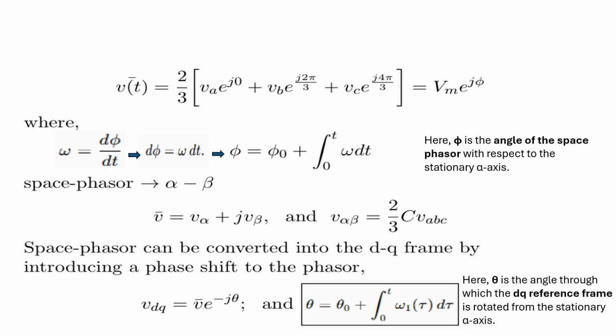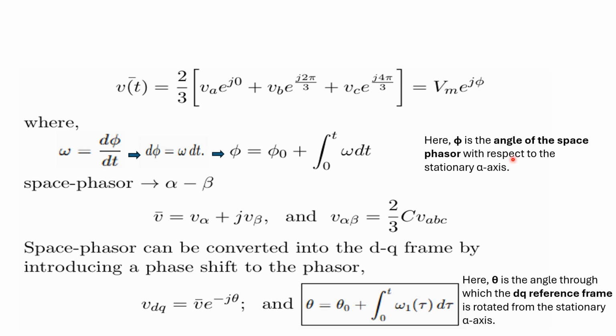Then what is this theta? Theta equals theta naught plus integral from 0 to t of omega 1 of tau d tau. So the same thing we can use here also, whereas this phi is the angle between the space phasor with respect to stationary axis, where this theta is the angle through which the dq frame is rotated from stationary axis.